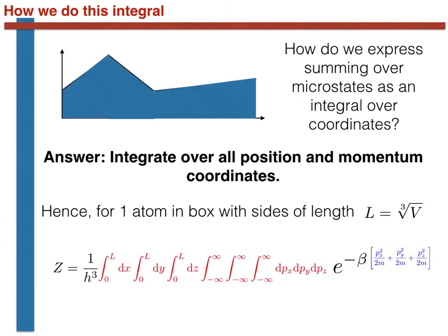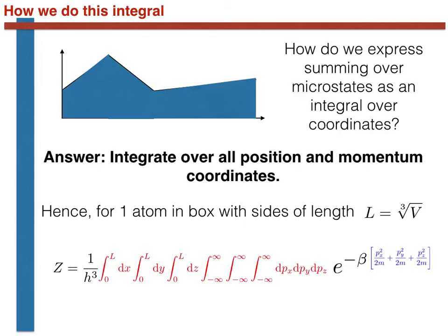Right, so having established that we calculate the partition function by calculating this definite integral, let's have a look at the limits of the integration. I have assumed that my gas atom is confined in a cubic box with sides of length L. And I have set L equal to the cube root of V so that the volume of the box is V. The x, y and z positions of my single atom can thus take any values between 0 and L. That is to say, the atom can be anywhere in the box.